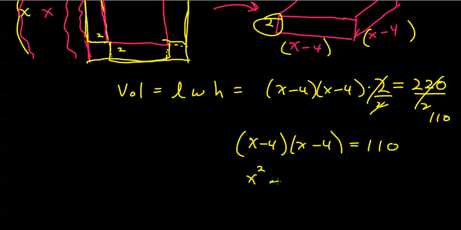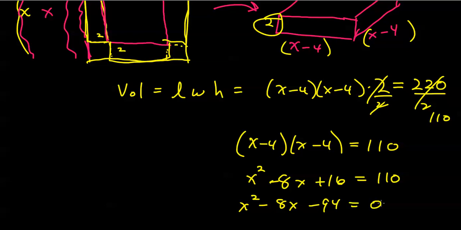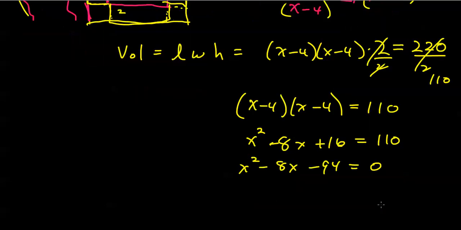I'll multiply the polynomials on the left-hand side, so I get x squared as my first product, minus 4x gives me a minus 8x for the inner and outer product, plus 16 for the last product, equals 110. And now I'll subtract 110 from both sides to get minus 94, and then of course equals 0 on the right.